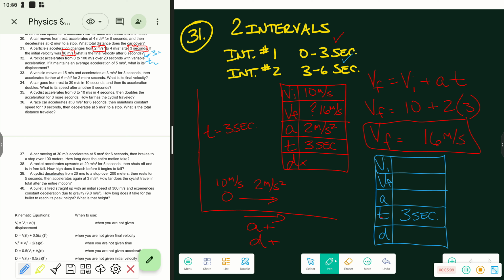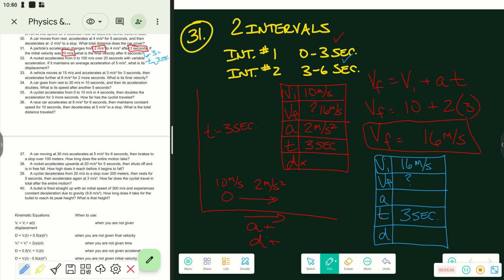Okay? What's your initial velocity? 16, because it's what you've determined it to be. Okay? Because the acceleration changed. So it's 16 meters per second. Do we know the final velocity yet? No, we don't. We need to solve for that. Okay?